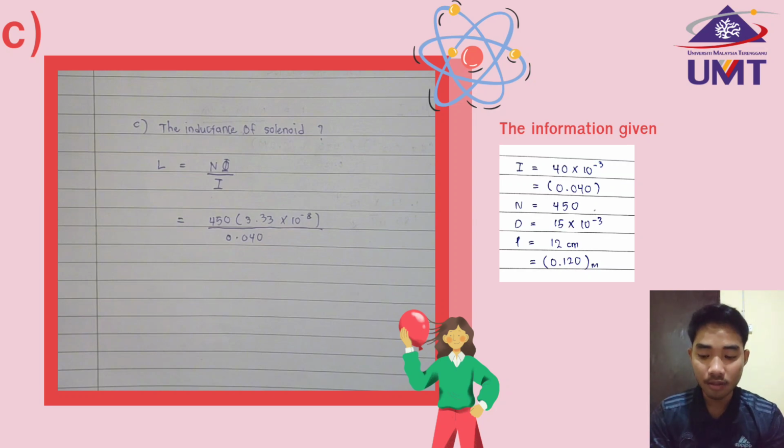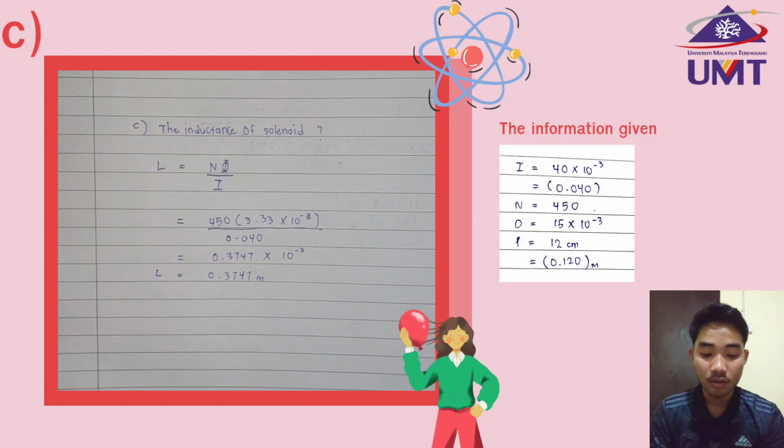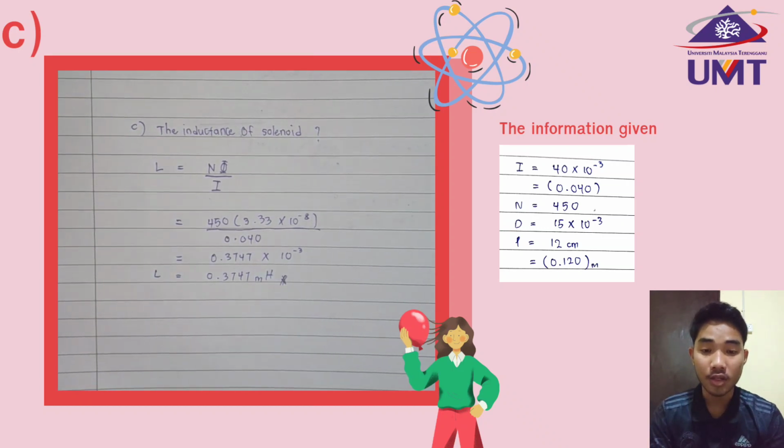Press the calculator and we get the inductance as 0.3747 times 10 to the negative 3, which is 0.3747 milli. The unit of the inductance is Henry, capital letter H.